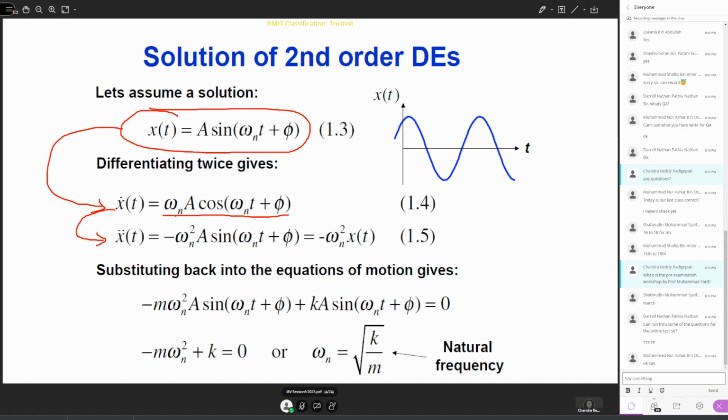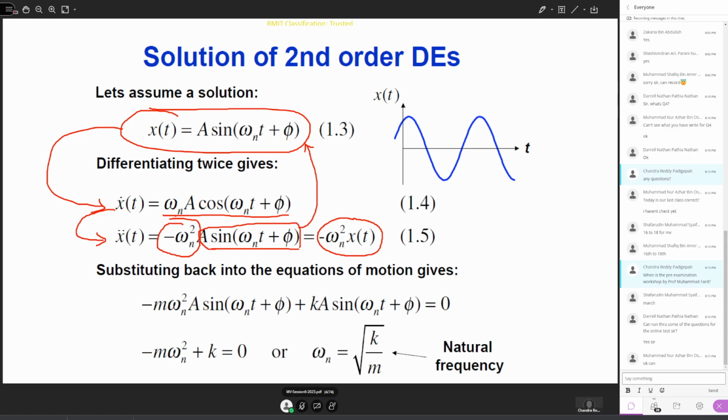The derivative of cos becomes minus omega n sine, so this becomes minus omega n square A sine(omega n t plus phi). You know this A sine(omega n t plus phi) is nothing but x again, the displacement. Therefore you can also write x double dot t as minus omega n square x.